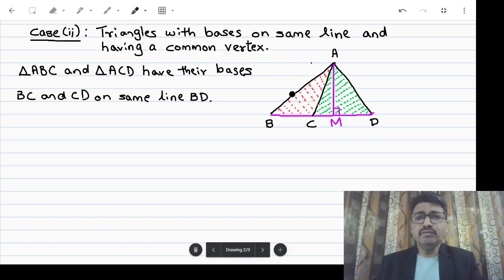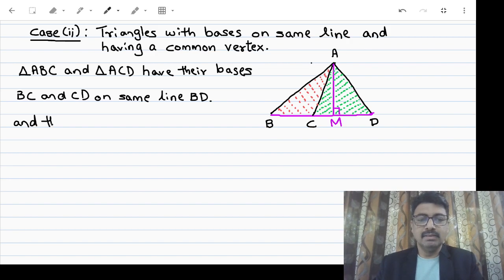And if I consider BC as the base, what is the opposite vertex? A. If I consider CD as the base, what is the opposite vertex? A. Can I say triangle ABC and triangle ACD have a common vertex? A. So I will say they have common vertex A.